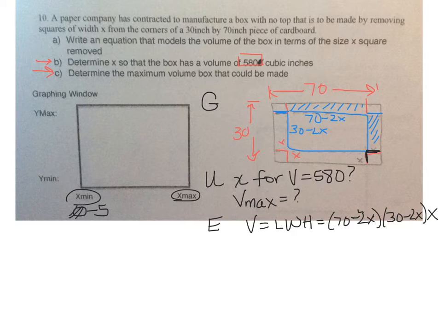But the maximum that x can be is 15 based on our diagram here. Now in terms of y min and y max, well, let's think about it. The volume minimum is going to be 0, so I'm going to take my minimum volume to be minus 5. And I know for the first question, I have to have a volume bigger than 580. So I'm going to go ahead and put y max to be 1,000 for the first part, and then we'll graph it.